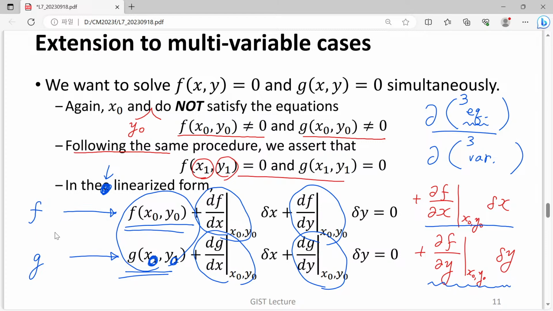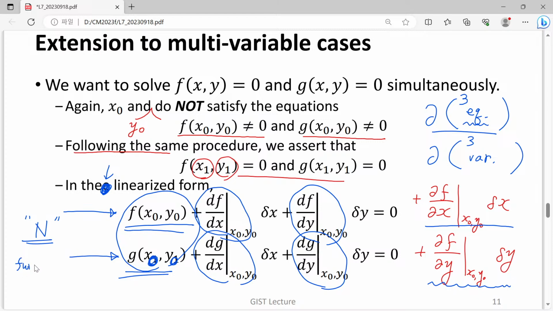So now let's say that you have n equations and n unknown variables. Then what will happen?